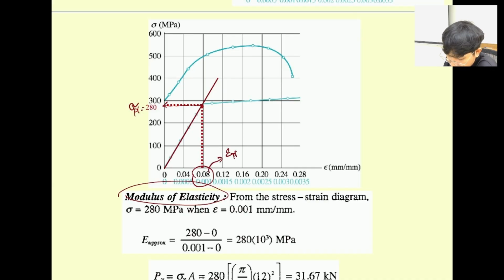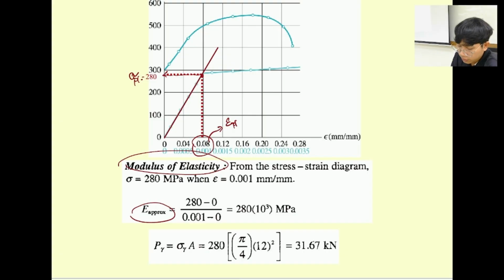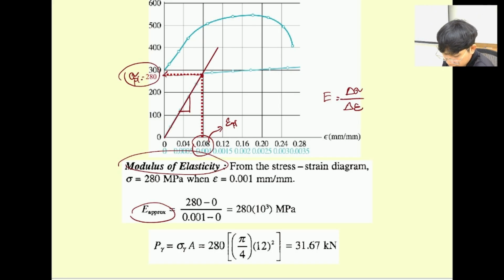So in order to get the E approximate, or the modulus of elasticity approximate, we're going to use the slope, which is equal to delta sigma over delta strain. Then we just take the last point over here, 280 MPa, and the strain over here equal to 0.001. Okay.